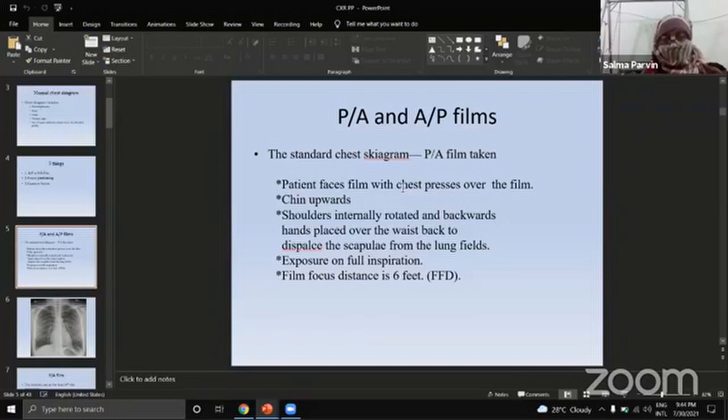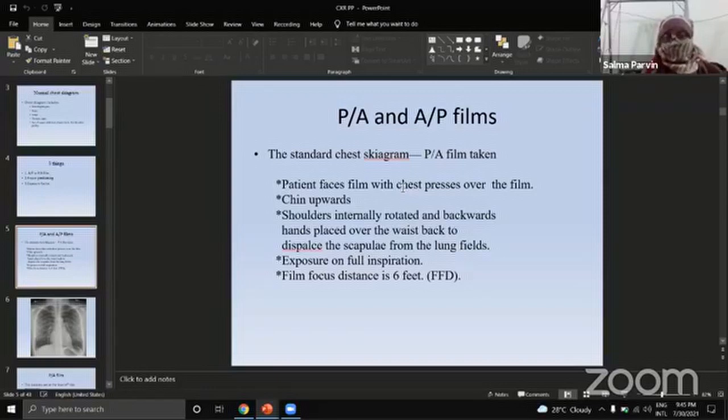It is not that every day a patient goes and an X-ray is done. In one's lifetime, a chest X-ray may be done once or twice.